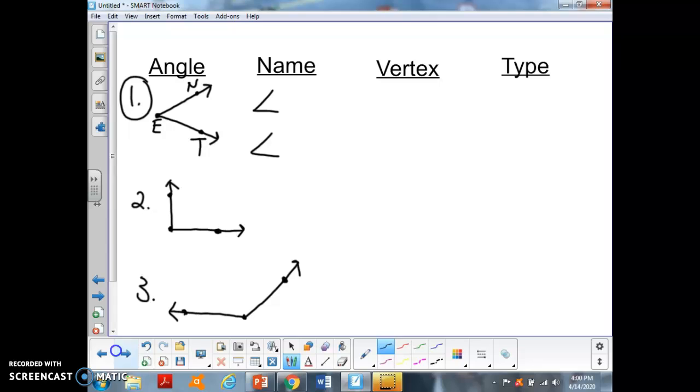No matter what it looks like, we use that symbol. Capital letters, and we can either call it angle NET, nothing but net, or we can label it as TEN. Same angle, depending on what letter of the point we want to use.